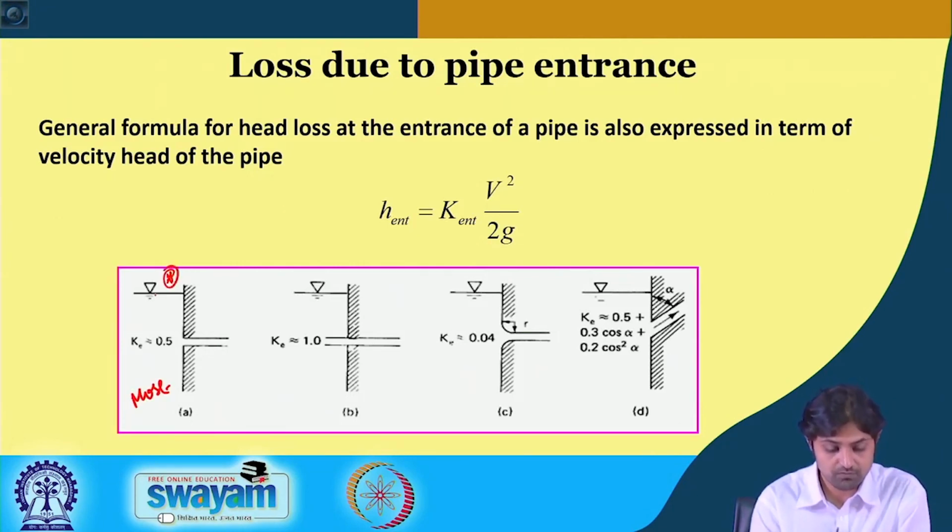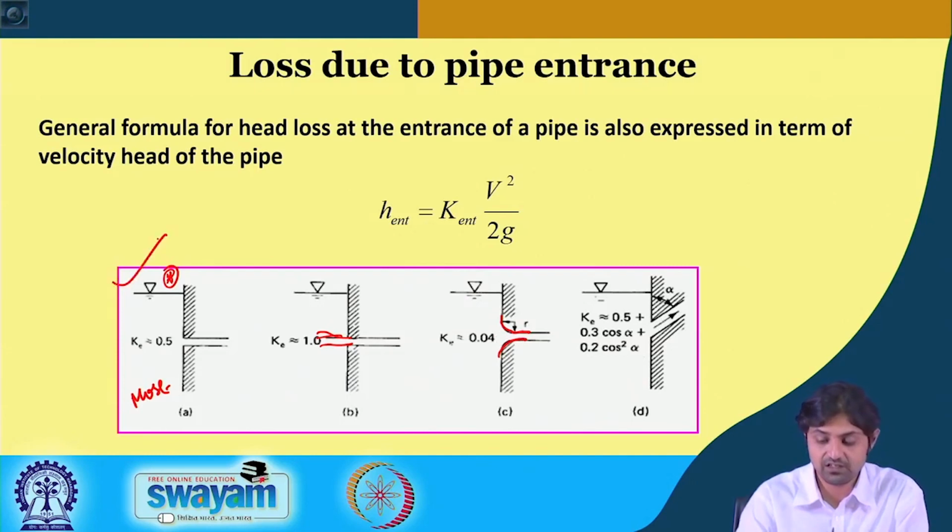You just need to remember this one, pipe entrance: if nothing is given you have to take K entrance as 0.5. In the case where the pipes are protruding inwards, Ke is going to be 1.0, so all the energy is going to be lost. If there is a smooth curve like this, as you saw in the third one here, it is going to be 0.04, but this is most important.